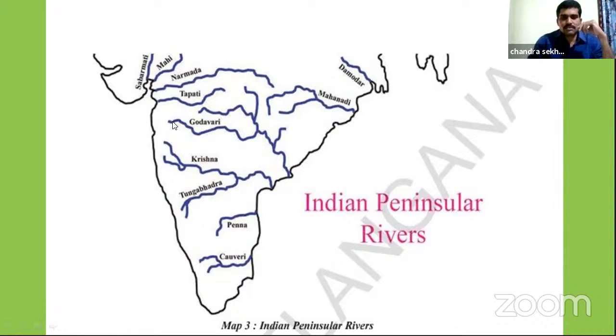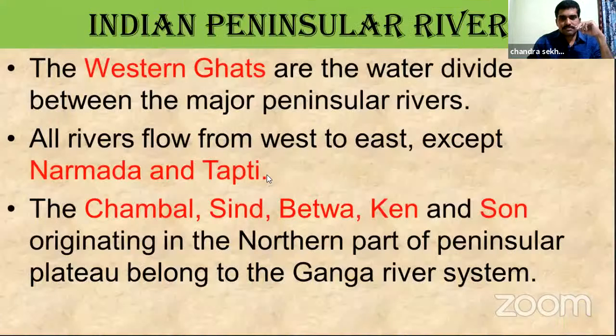These Western Ghats receive high rainfall, and they act as a water divide towards the east and towards the west. So the maximum origin of all the peninsular rivers is in the Western Ghats, because the Western Ghats receive high rainfall in the southwest monsoon season. That's why these Western Ghats are acting as a water divide.